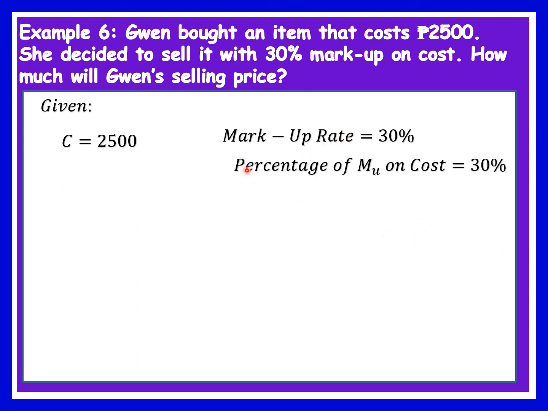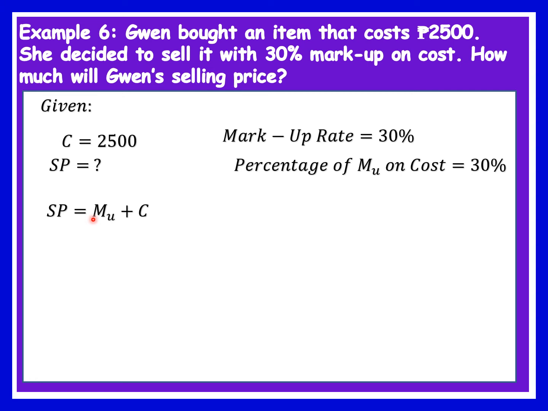I have presented this because this is what we have done before when we were completing the table about this markup. So we are going to find the value of the selling price. The formula to be used is selling price equals markup plus C.